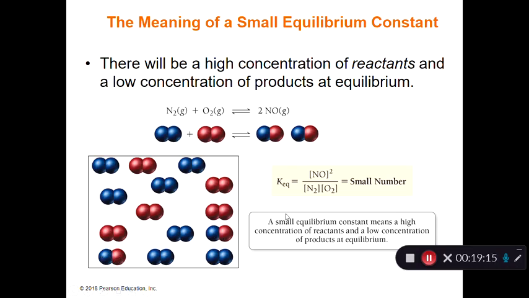It means we have a low concentration of products. We don't have many of them, only 1, 2, compared with the reactants. So at this time we have a low concentration of products, so we say we may have a small number.